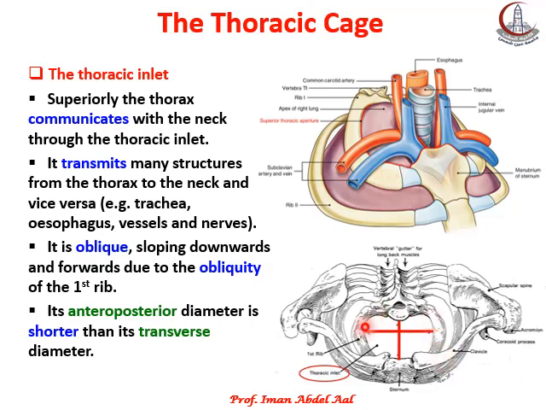If you look at this picture, we can see the anteroposterior diameter and the transverse diameter of the thoracic inlet. It is clear from this picture that the anteroposterior diameter is shorter than the transverse diameter of the thoracic inlet.